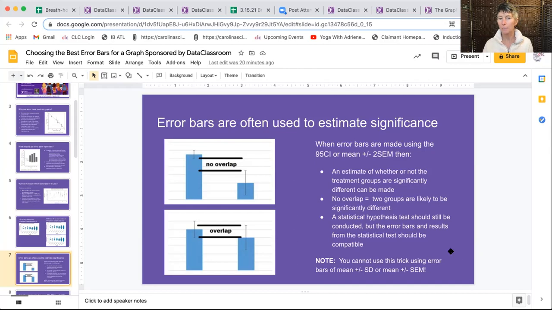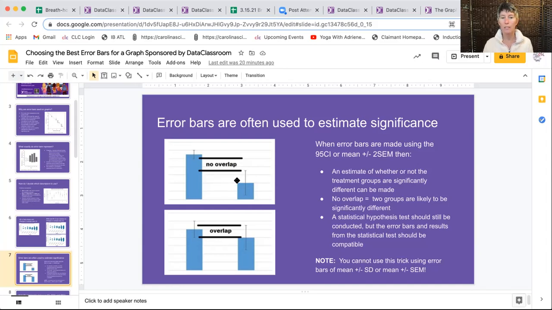But generally, if the error bars are made using the 95% confidence interval or two standard errors around the mean, then it is possible to get an estimate of what the outcome of the statistical hypothesis test might be. And a statistical hypothesis test is like a chi-square test or a t-test, these types of hypothesis tests.